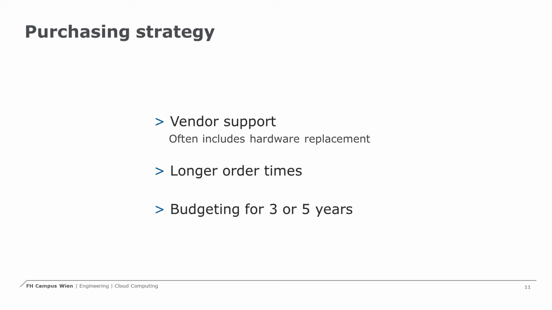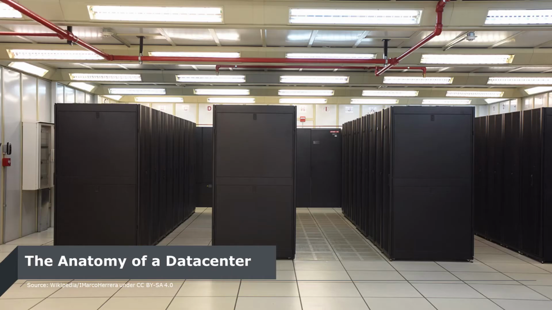This sometimes includes hardware replacement done entirely by the vendor in the data center without the need of the customer staff being on site. However, purchasing a specific set of components or ordering larger quantities of servers presents a logistical challenge and can sometimes take up to 3 to 4 months. Buying hardware is also an upfront investment, which is hard to justify when demands change rapidly.